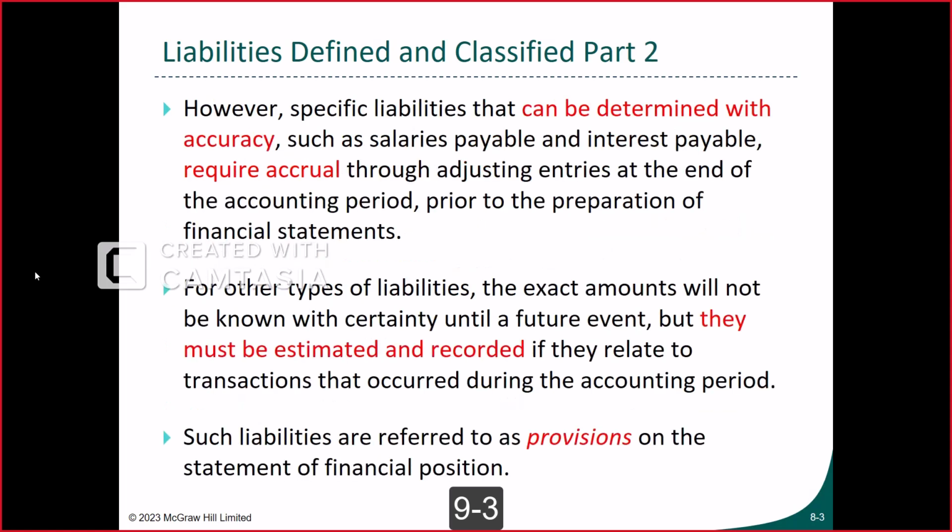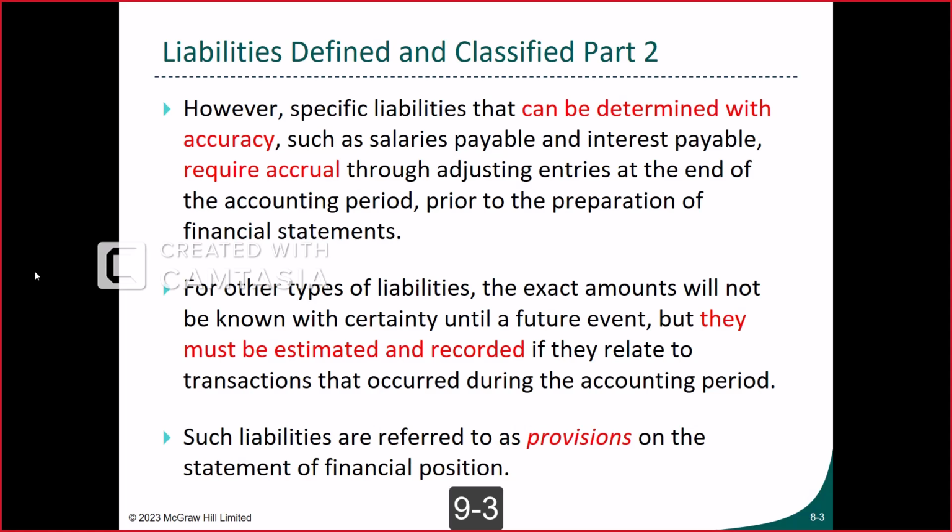That's why if you have a commitment as a company to provide warranty to your customer for their sales, in case there are damaged goods, you have a commitment to repair them.